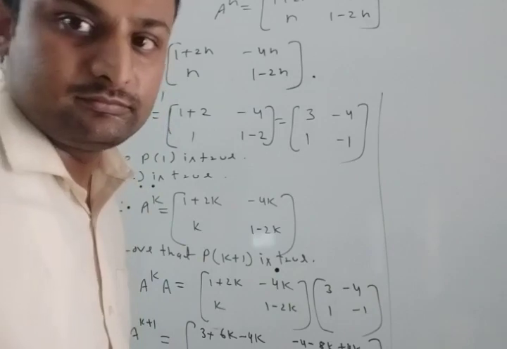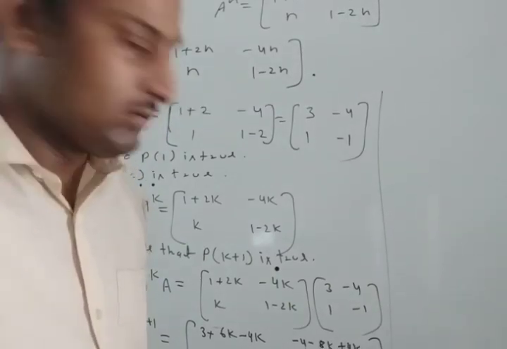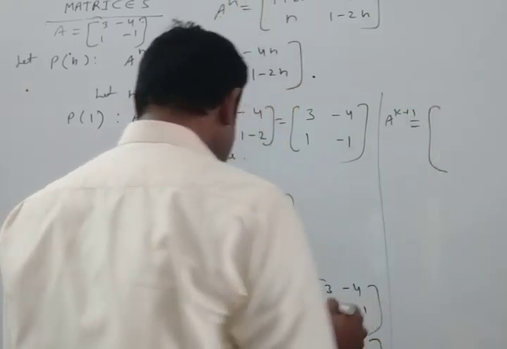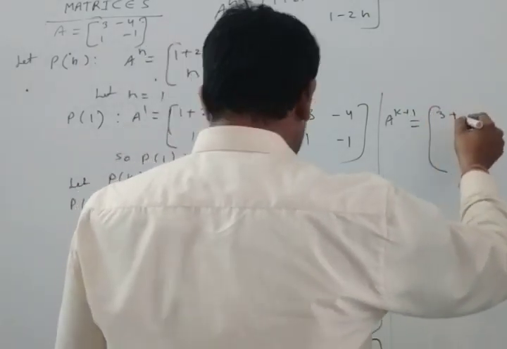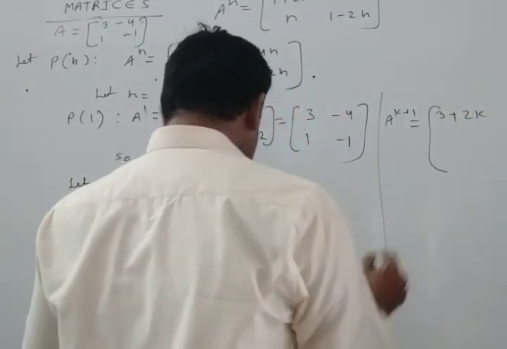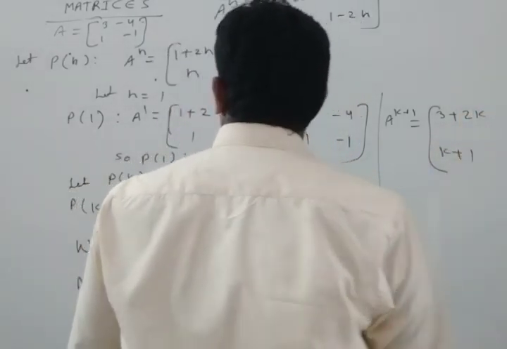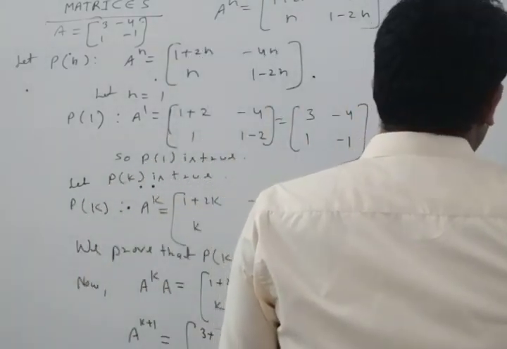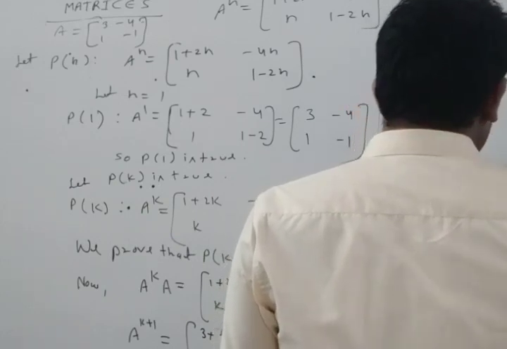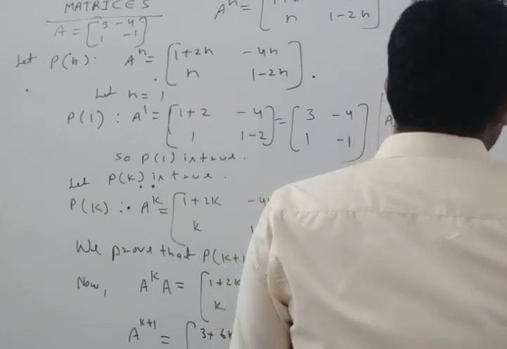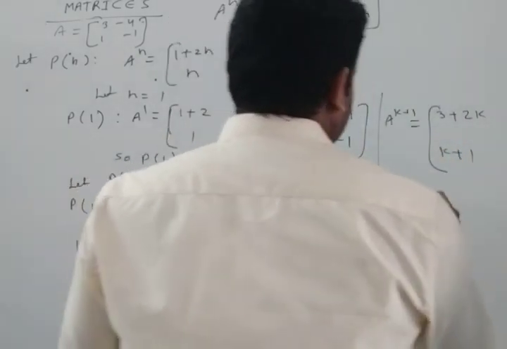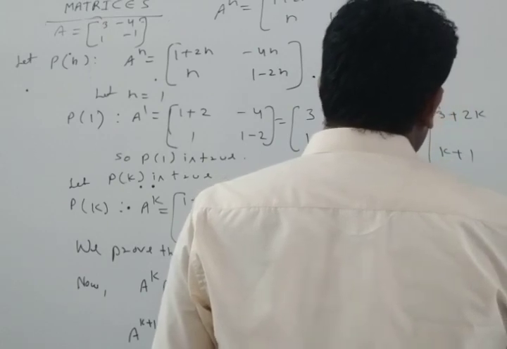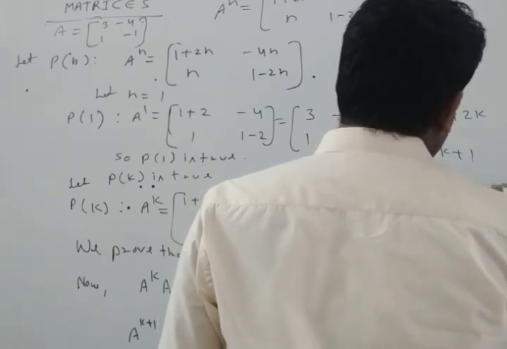We write A to the power k plus 1 is equal to 3 plus 2k, and this is k plus 1, and this is minus 4k, and this is minus 2k minus 1. And what we have to make of it? We have to make this 1 plus 2 times k plus 1.